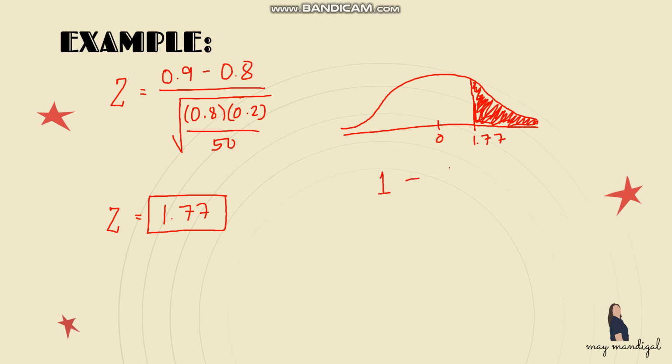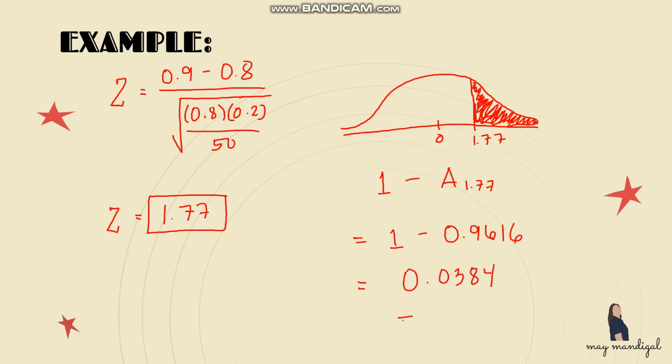So 1 minus the area of 1.77, because again, in our z table, what we have there is just the area to the left. So for this one, 1 minus the area to the left of 1.77, which is 0.9616. So just refer to your z table, then subtract, you will get 0.0384.